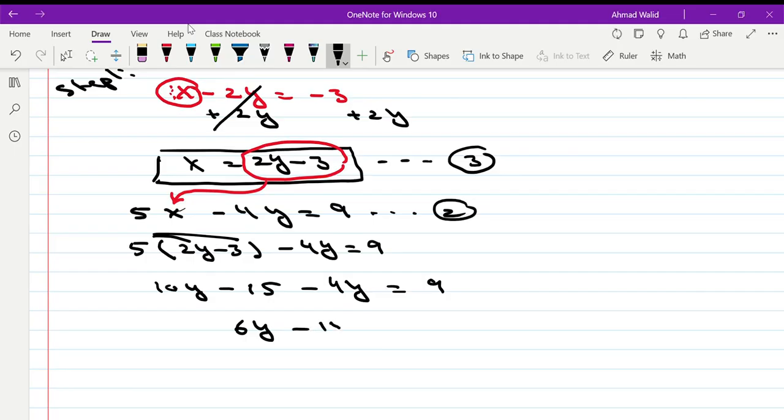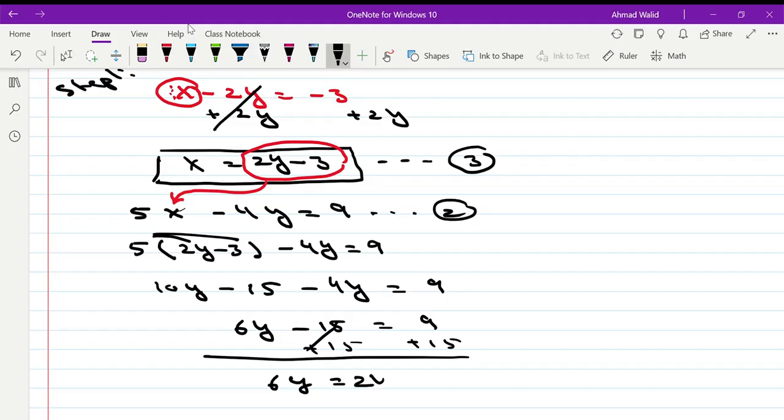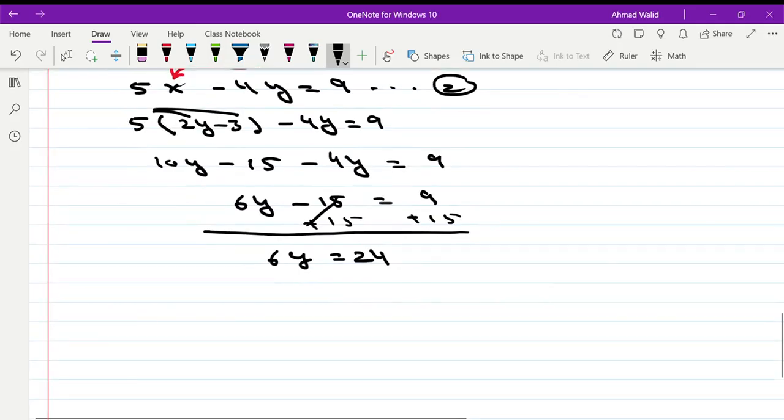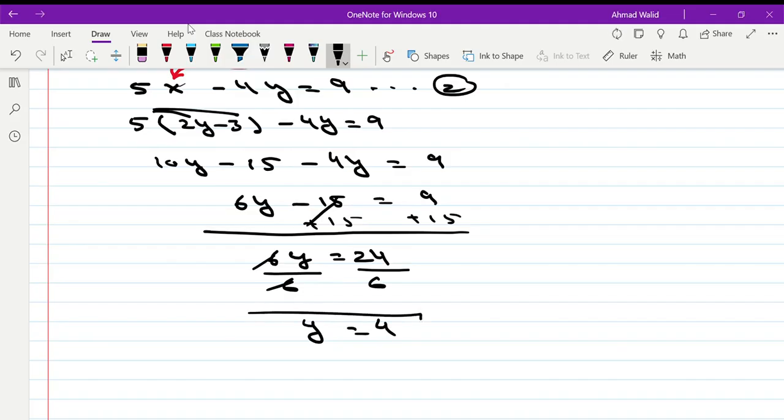Minus 15 equals 9. Add 15 to both sides, then 6y equals 24, right? Solve for y, divide both sides by 6, y equals 4. Here I can find the value of y.